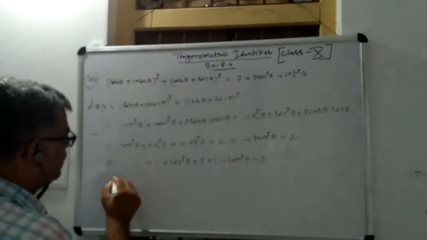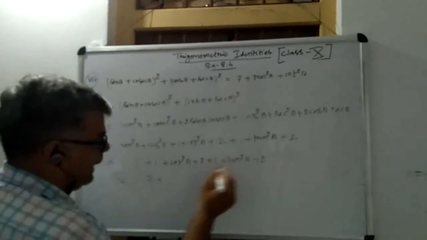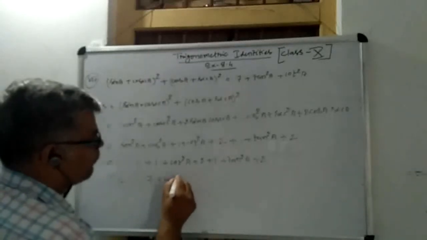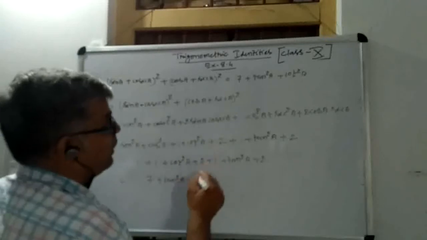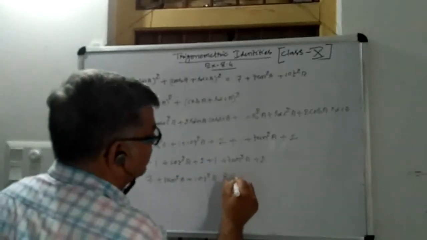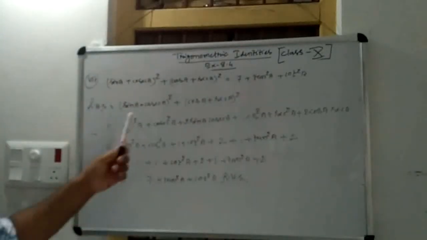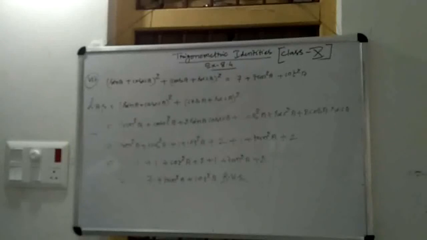So we got 7 plus tan square A plus cot square A, and this is your required RHS. This is your RHS part of this identity.